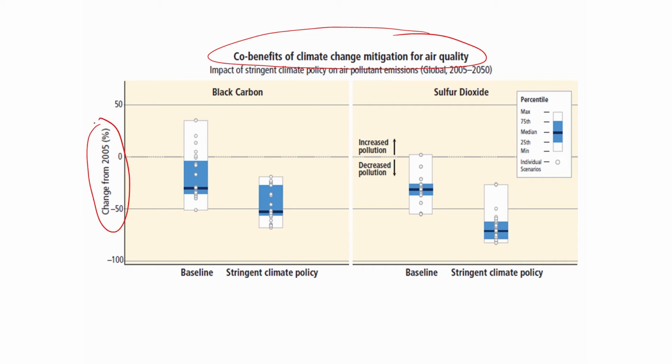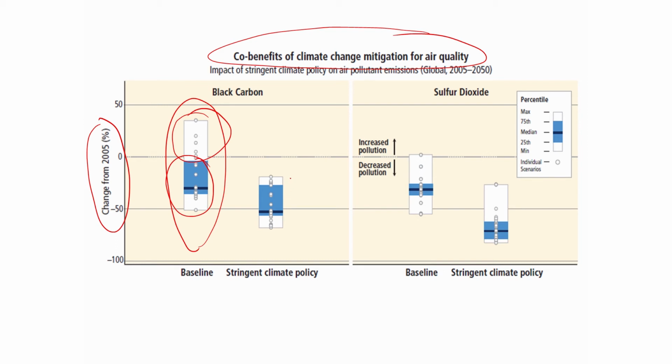So, if you apply mitigation, the change with respect to 2005 in black carbon, in the baseline where you do not do much, it could be reduced because of solar and wind increasing, but it could increase if we continue our consumption, especially fossil fuel burning for vehicles, heating, cooling and other things.